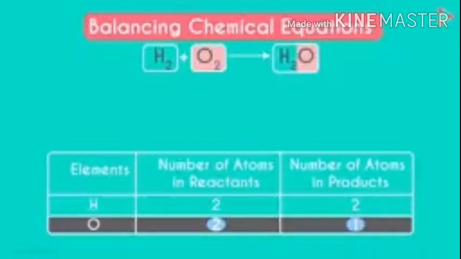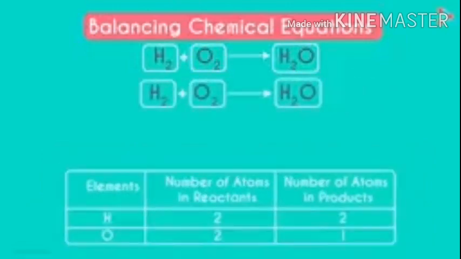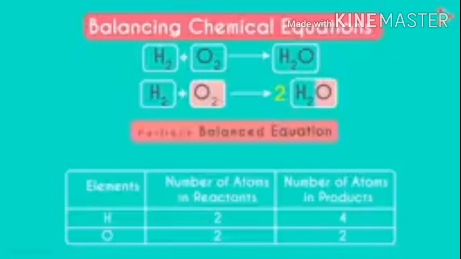Let's try balancing the oxygen atoms first. As there is 1 oxygen atom on the product side, we multiply H2O by 2. It is the partially balanced chemical equation.